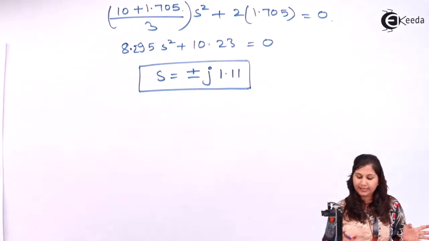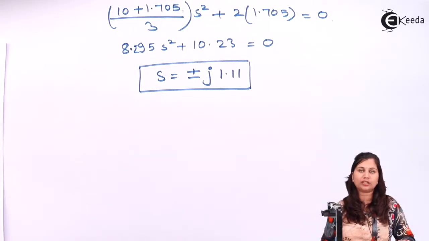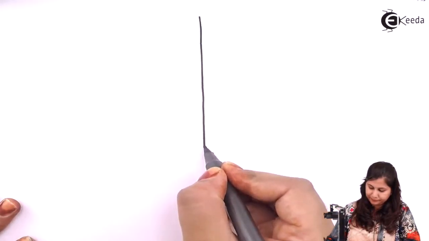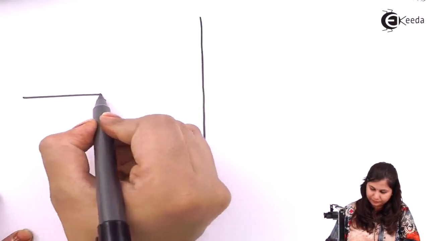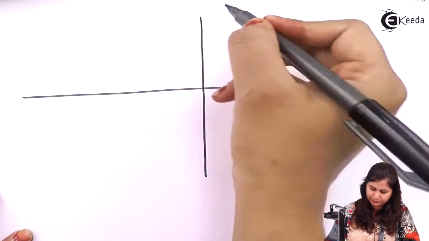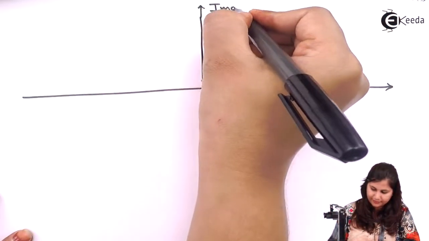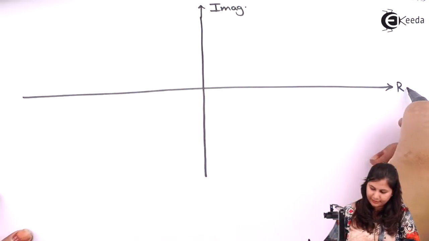So our last step will be to just sketch the root locus. We will next sketch the root locus of this control system. This is our imaginary axis. This is the real axis.